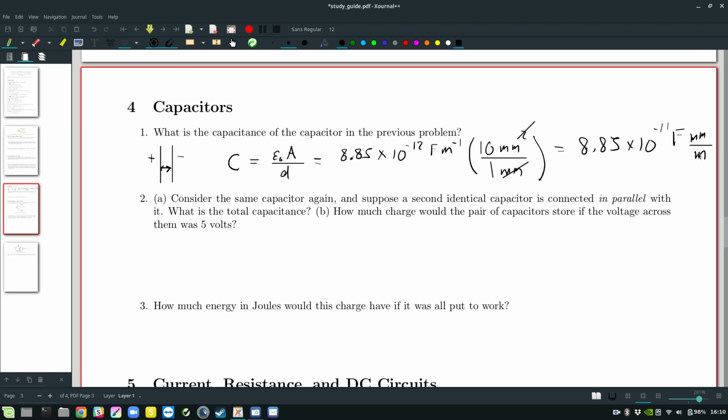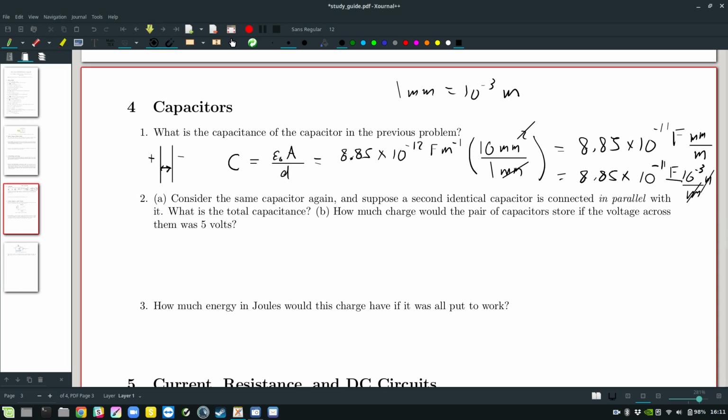Now, a millimeter divided by a meter, what is that? So a millimeter is 10 to the negative 3 meters. And so this is going to be 8.85 times 10 to the negative 11 farads, and then 10 to the negative 3 meters divided by just meters.